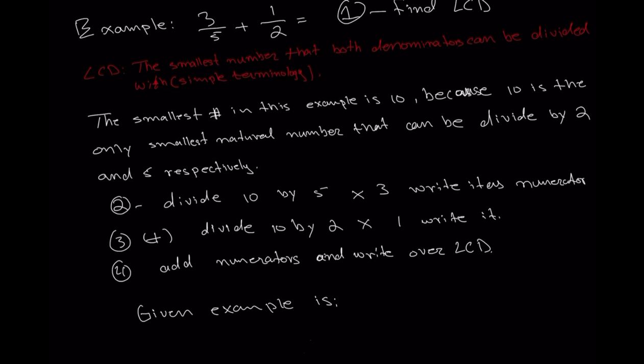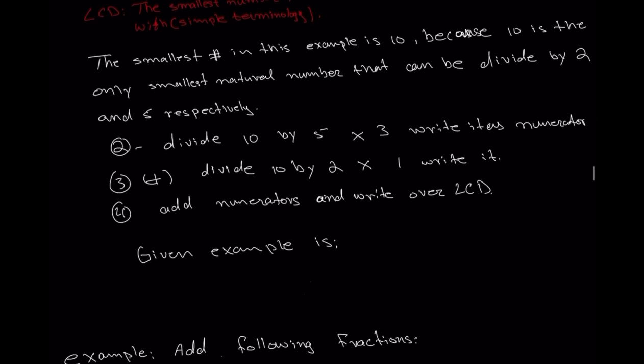Then write it down as a numerator. Then add the plus sign, divide the LCD by the second denominator and multiply by the numerator and write it. Now the fourth step is add both numerators together and write it down over the same LCD.